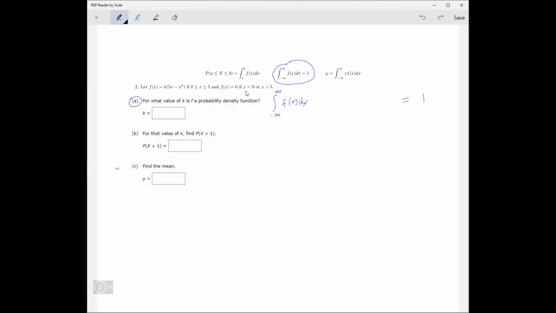Since it is 0 when x is less than 0 and when x is greater than 5, we can just integrate from 0 to 5, because outside that interval it's 0, and inside that interval it's this. So we just need to find a value of k that makes that equal to 1.